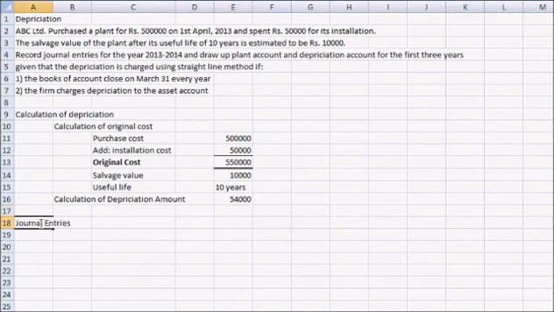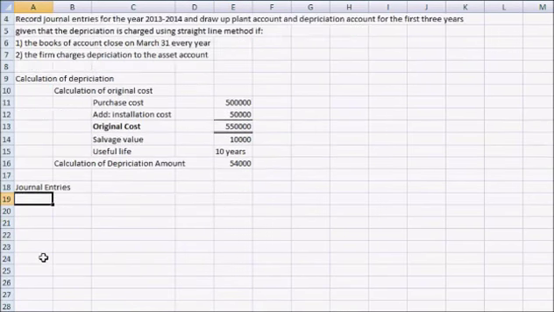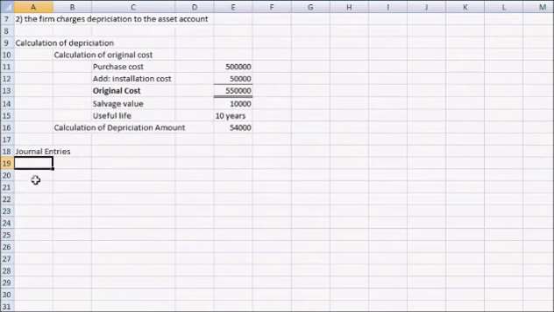For this we'll prepare a format. Date. Particulars.